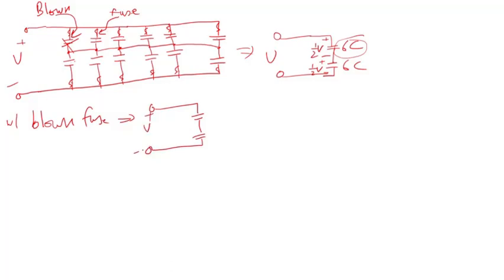You still have the same voltage applied, but here you will have 5C, and here you will still have 6C. So I only lost one capacitor. Now let's call this voltage V1 and this voltage V2. We want to know what those voltages are.